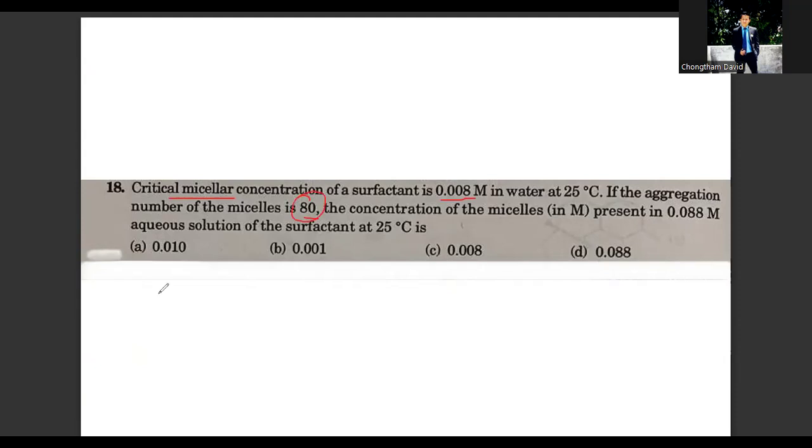So we know the concentration of micelles can be calculated. So let us do the calculation here. Concentration of micelles is equal to concentration of surfactant forming the micelles.